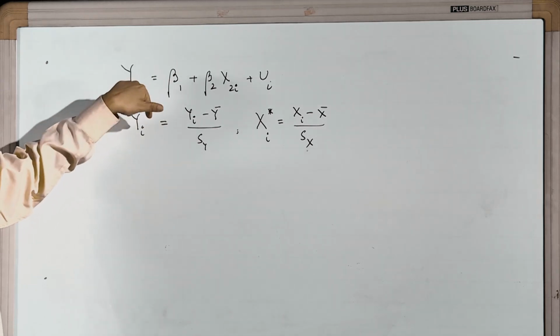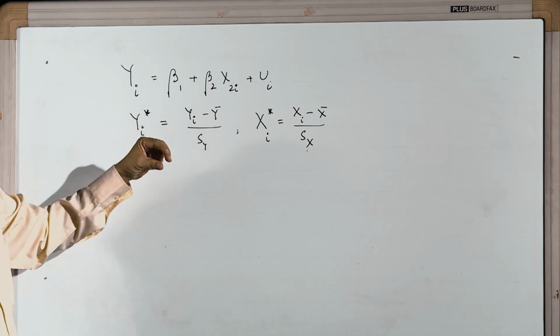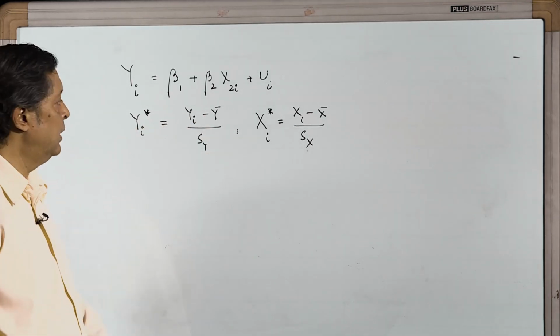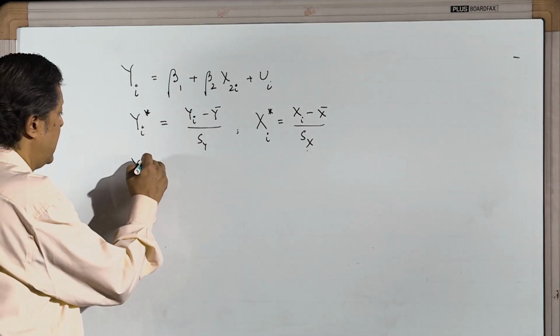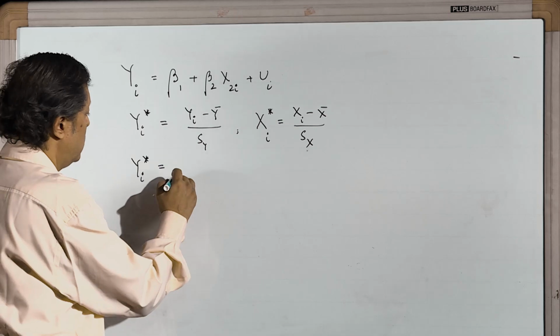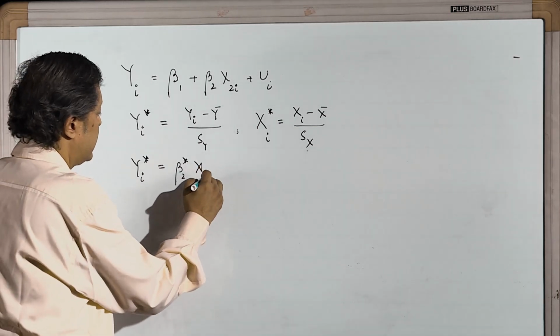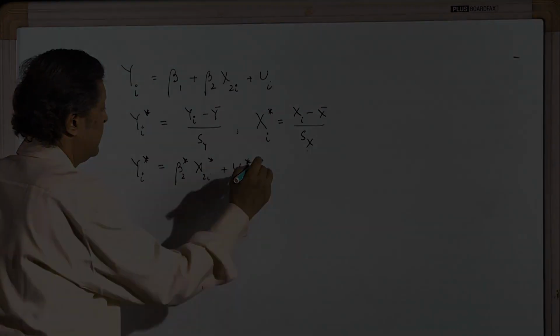So, when you standardize the model, this unit vector minus its mean gets eliminated. So, in terms of y star and x star, the model is rewritten as y I star is equal to beta 2 star x 2 I star plus u I star.